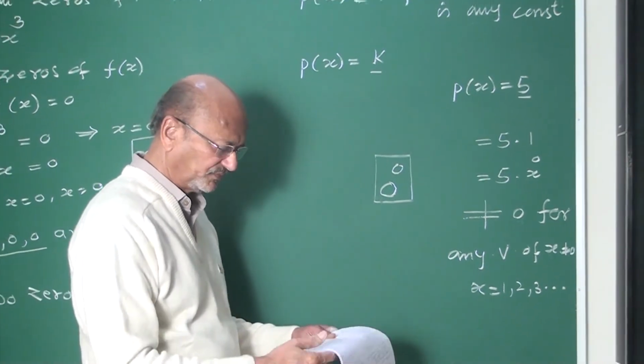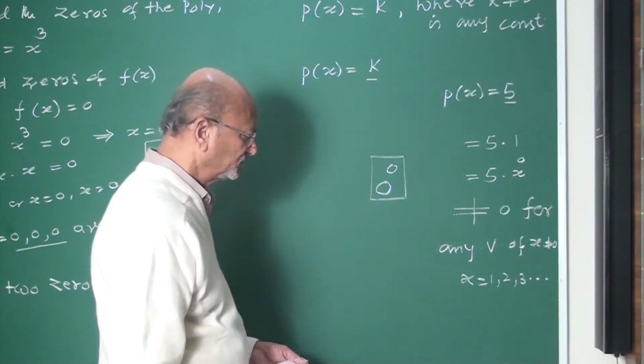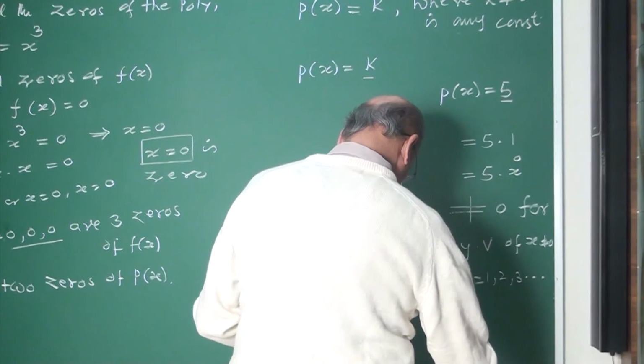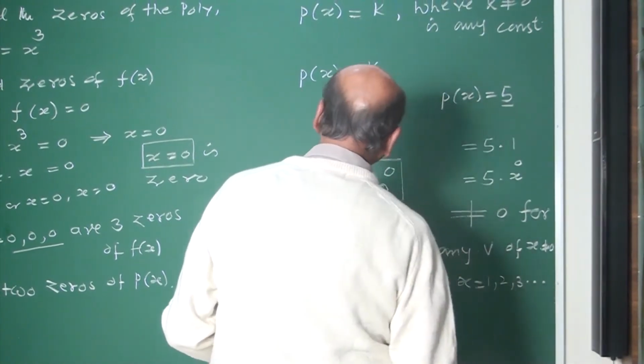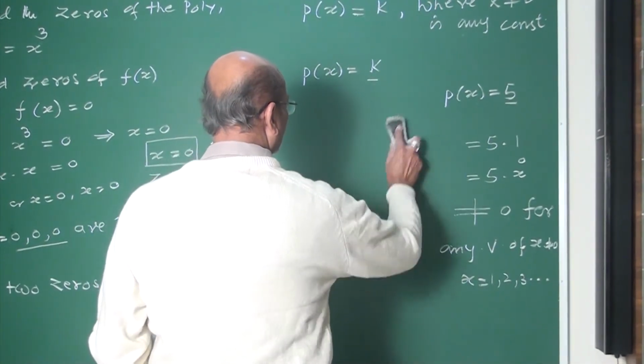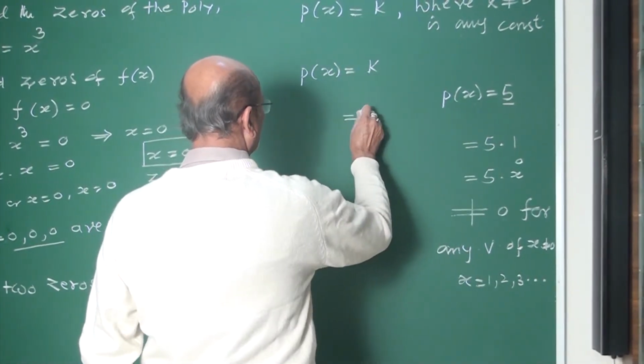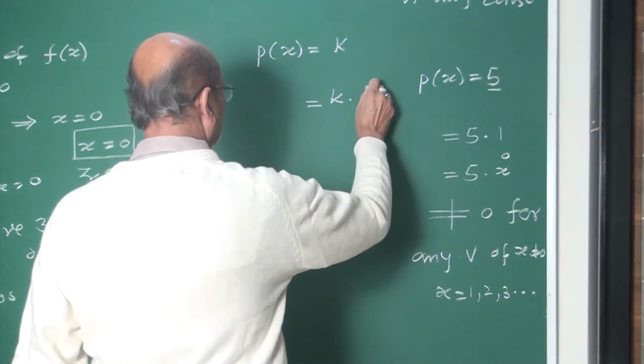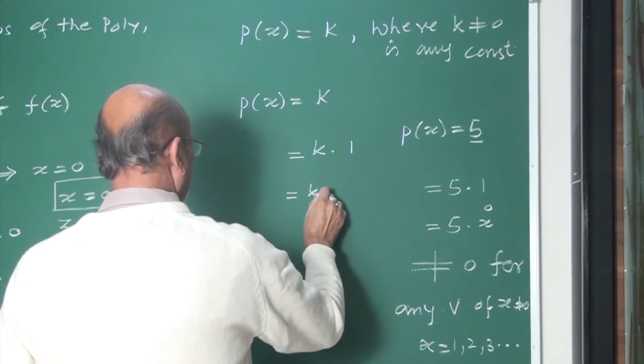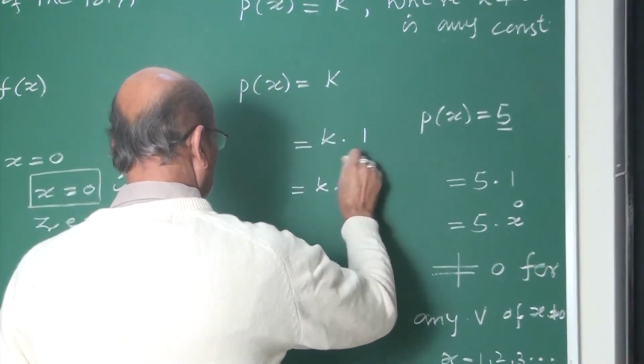Yes, my friends. From this, you can write k. Everything I explained is the same thing. It is k into 1, that is, k into x to the power 0.